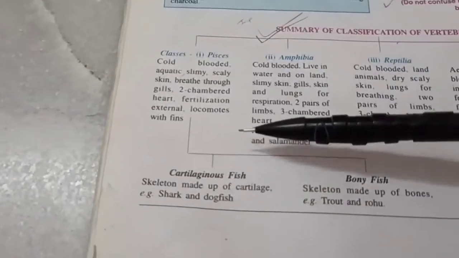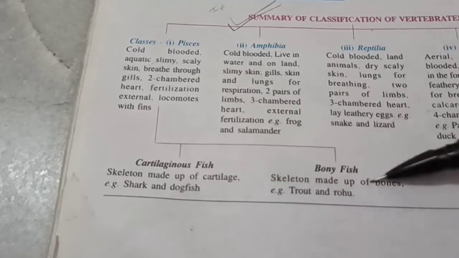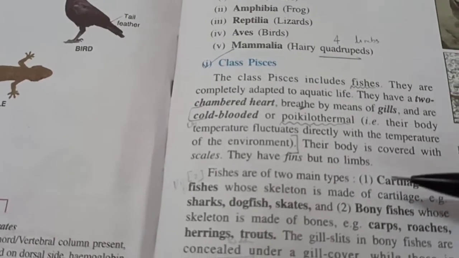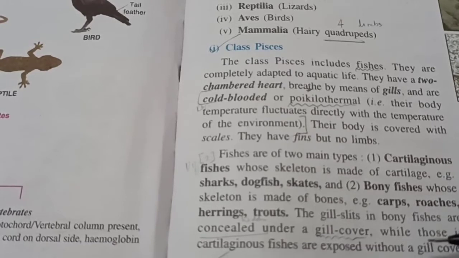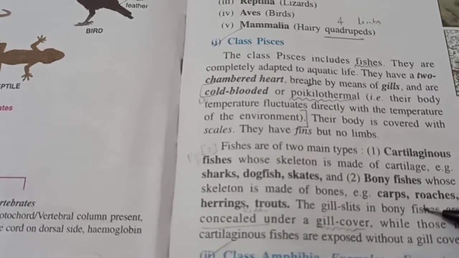Fish can be further classified as cartilaginous or bony fish, depending on what the skeleton is made up of. So we need to learn the examples of both. Another difference between the cartilaginous and bony fish is that the cartilaginous fish don't have a gill cover, whereas the bony fishes have a gill cover.